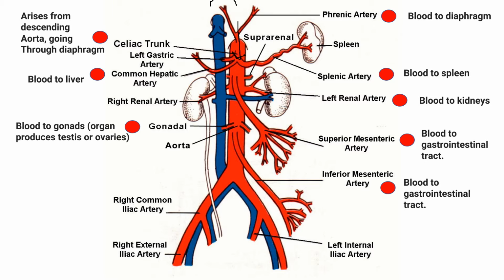Common hepatic artery, blood to the liver. Gonadal arteries, simply blood to the gonads, in other words, the organs that produce the testes and the ovaries. Phrenic artery, blood to the diaphragm.